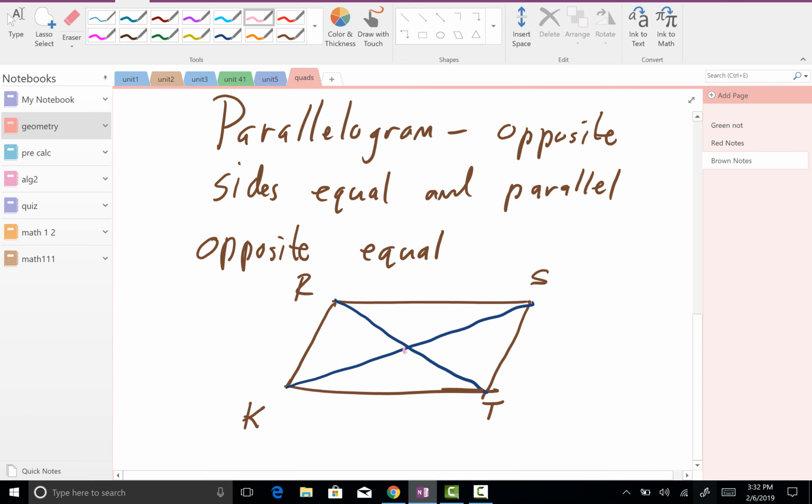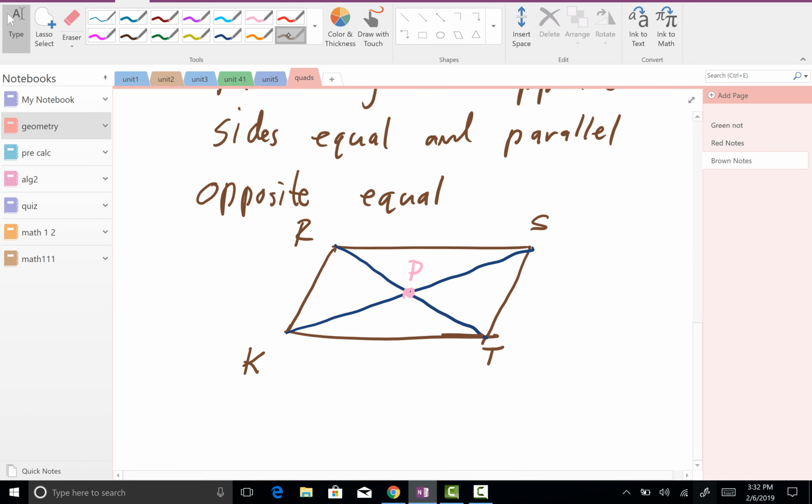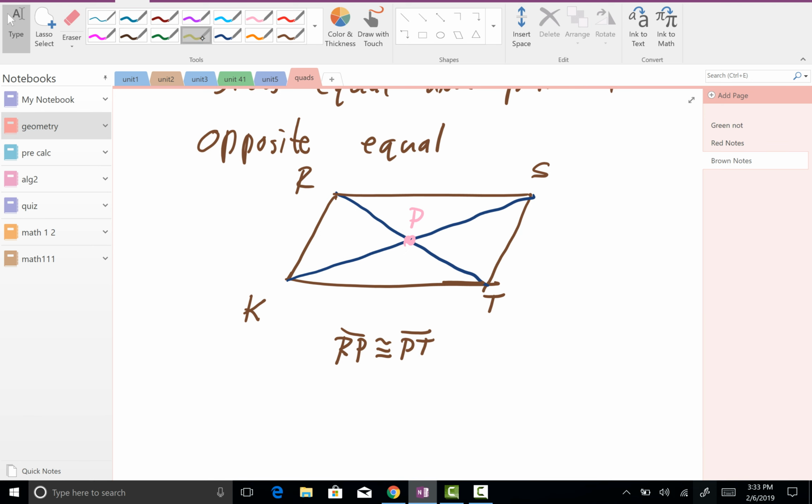However, if we put a point here and we call that point P, then we know that RP is equal to, or congruent to, PT. So the same thing's going to happen here, and the same thing's going to happen on this side, right?